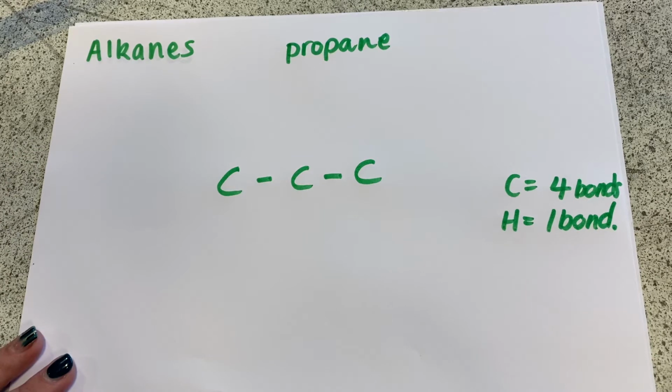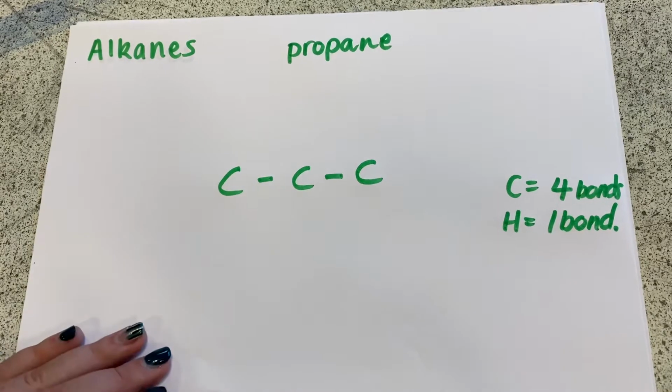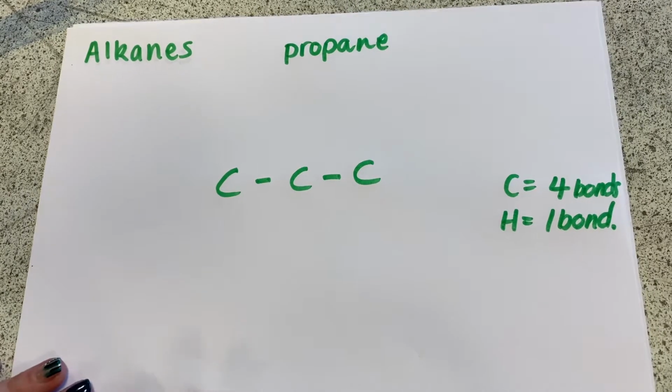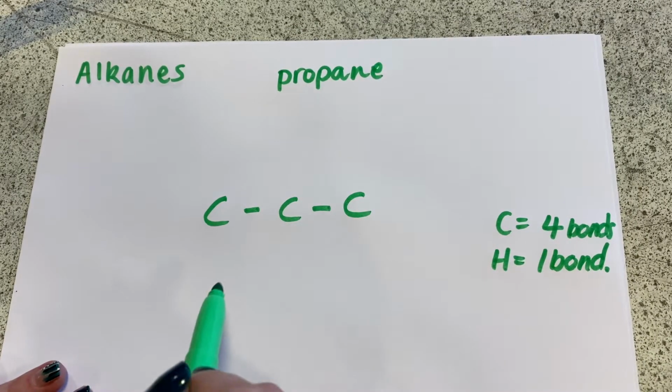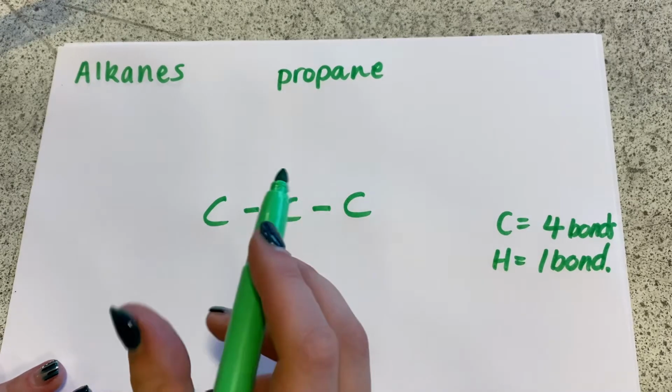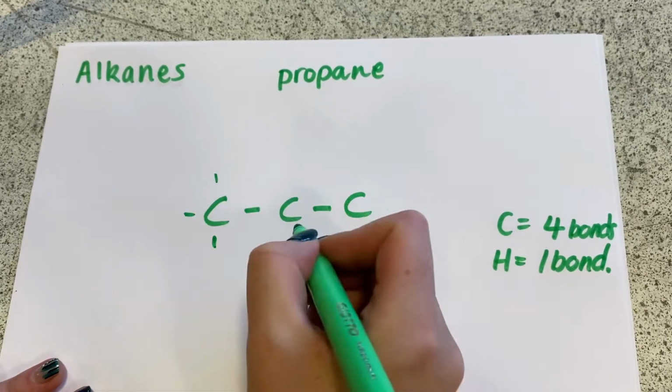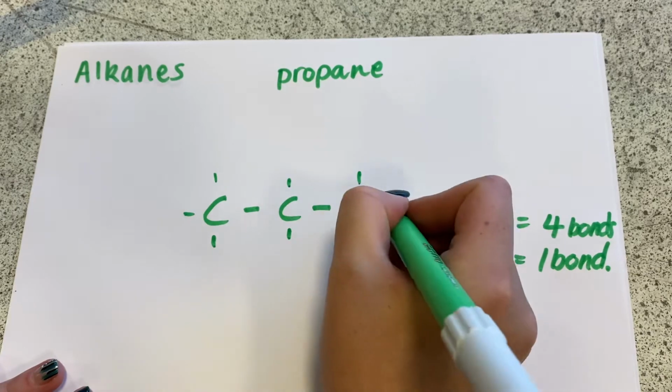What you need to make sure is that every single carbon in your molecule has 4 bonds, and every single hydrogen has 1 bond. Each of these end carbons has 1 bond each, and this middle one already has 2. So you're going to do 1, 2, 3, 4, 5, 6, 7, 8.